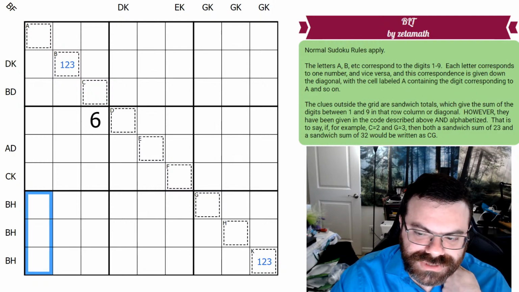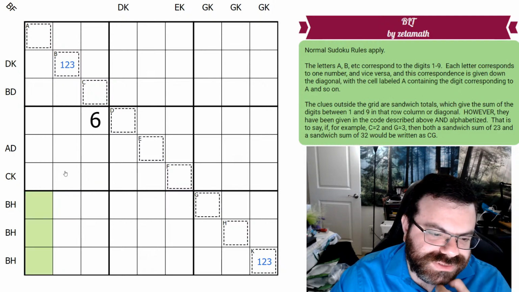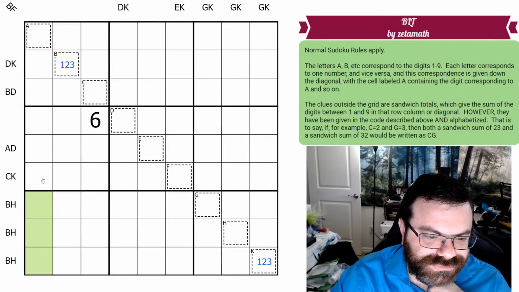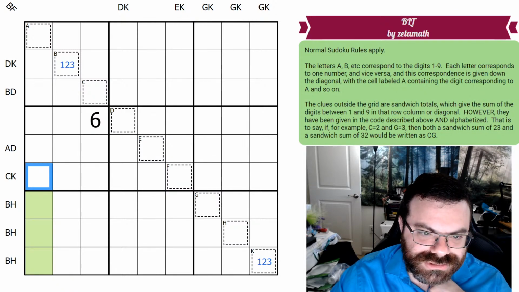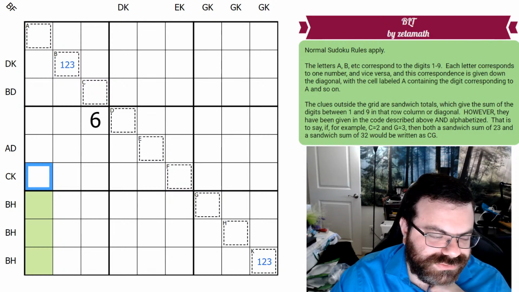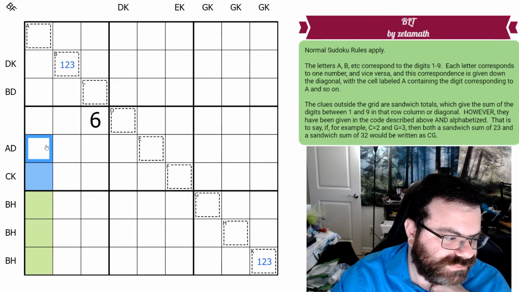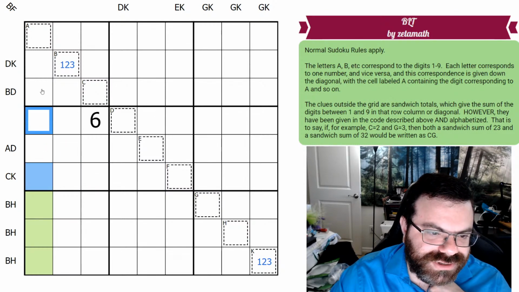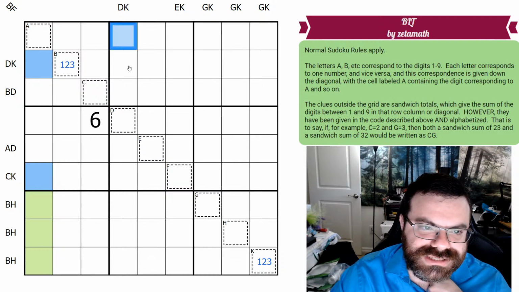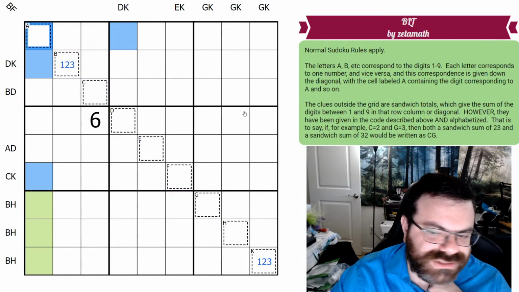I can't highlight over here, but I could make the clue green if it's in correct order. And then CK, that's in the correct order as, no, it's in incorrect order. So let's make that blue. AD we aren't sure. BD we aren't sure. DK we know is in the incorrect order. Same with that DK. BF we know is in the correct order.